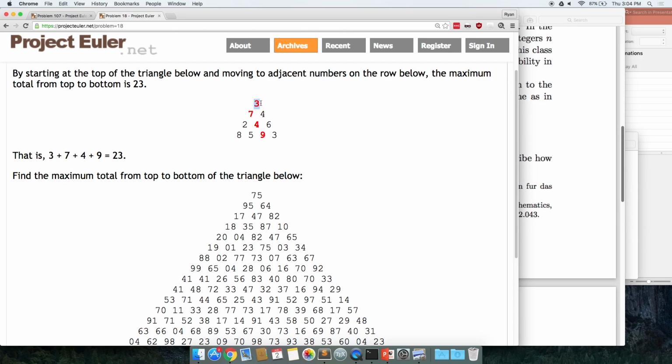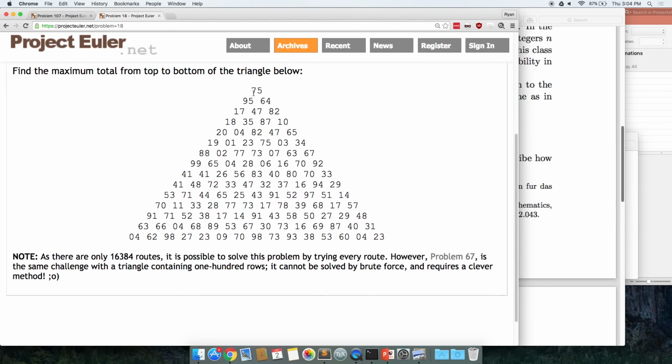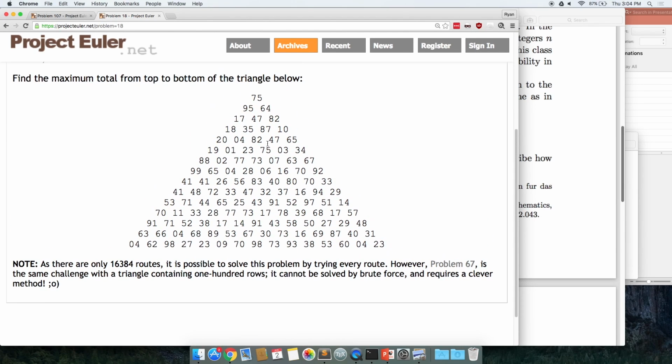Starting from 3, there's no other way to get down to one of the numbers on the bottom that has a higher sum. What the problem is about is, given this much larger triangle, I want you to find the same answer: something that starts with 75 and then goes all the way down in some way, such that the sum is maximal. Okay, it should be pretty straightforward.